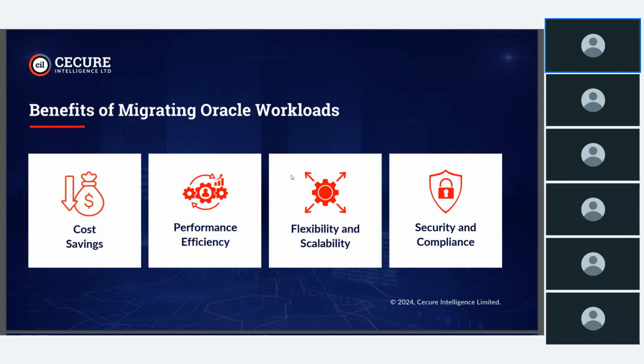Security is a top concern when you are managing Oracle workloads, because AWS offers security frameworks like encryption, identity and access management, network security, and the likes. So IAM, which is identity and access management, allows you to control access to AWS resources and services.